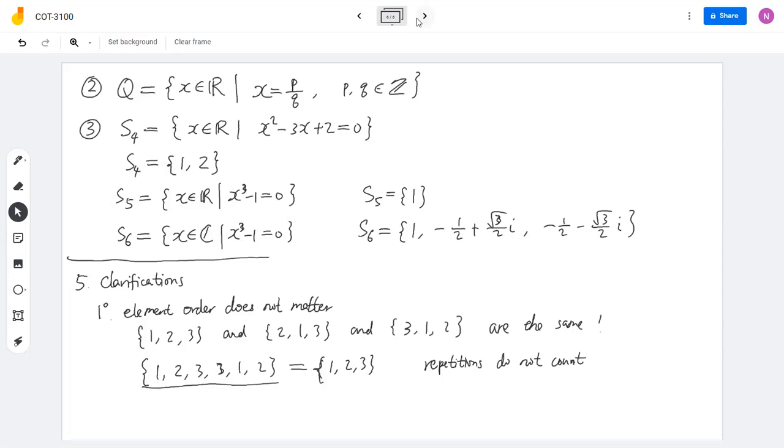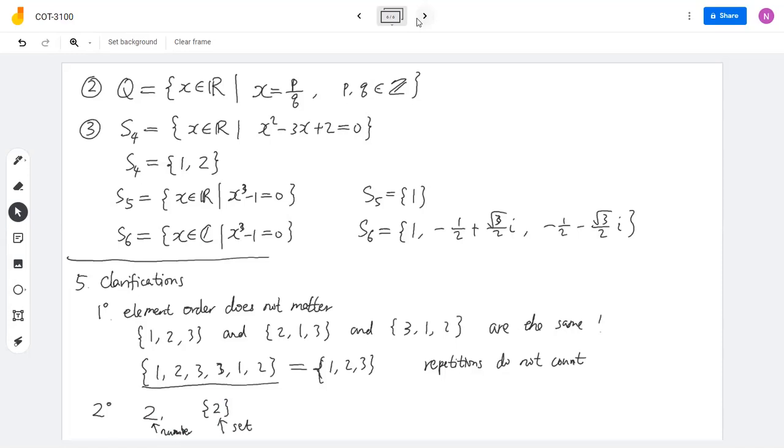The second thing we want to clarify is that you need to distinguish between a set and an element. More specifically, when we talk about the number 2, this is a natural number. But if we write 2 in braces, this denotes a set. So this is a set, and this is a number. They are completely different things, so you cannot say they are the same.